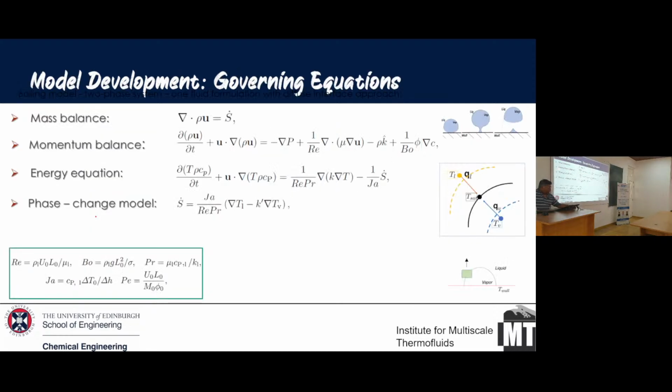If you see the phase change model, it just says that liquid takes in some heat, all that heat is taken into evaporation, and then there is a loss from vapor as well. So your phase change model has changed completely. It has nothing to do with equilibrium. In case of evaporation, if you had an interface, you had different temperatures at different points.